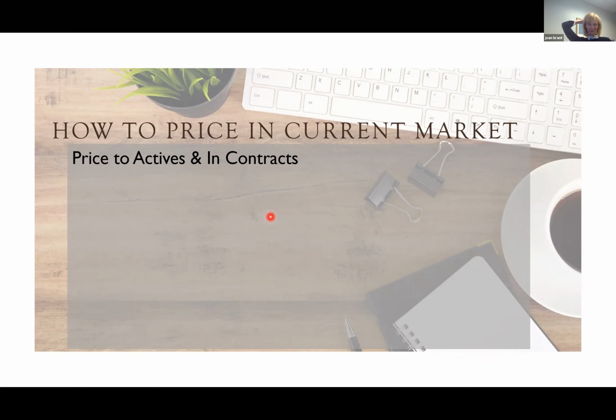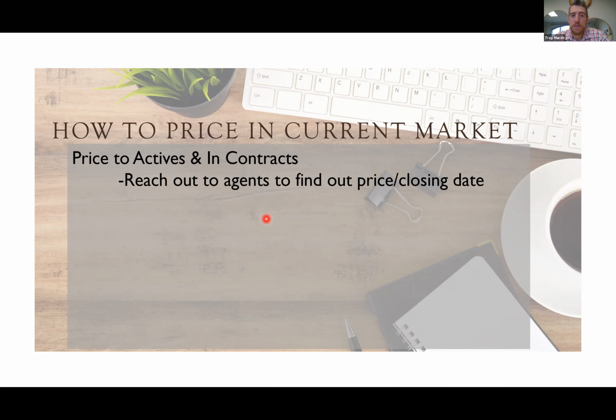Oh, well. All right. So how to price in today's current market. You do want to pay really special attention to the actives and in contracts because prices are going up so much. And yet you still do have to keep in mind the solds. But when I'm pricing, if something's in contract, I want to find out two things.